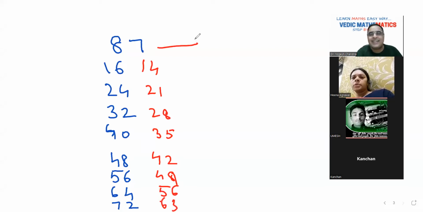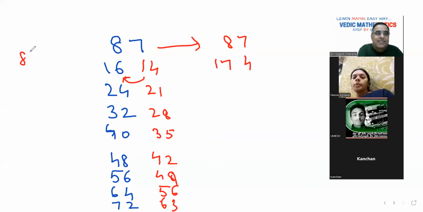Right. So similarly for 87, instead of adding 87 every time, what is easy? Adding 87 every time or adding 126, 224?